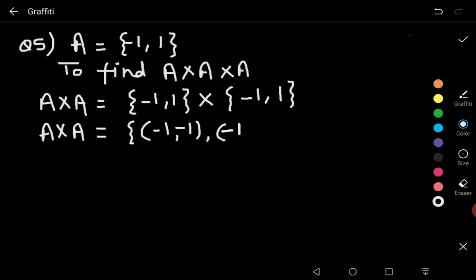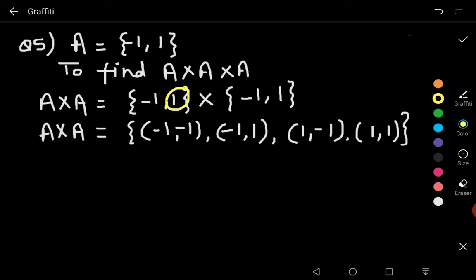Then -1 comma 1, second element, where I have taken this and this. Then next it will be 1 comma minus 1. Now I have taken the second element and the first element from here. Now at last it will be 1 comma 1, right? So I have taken this element and this element.